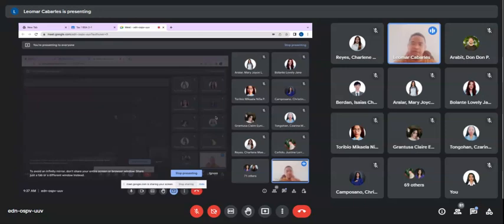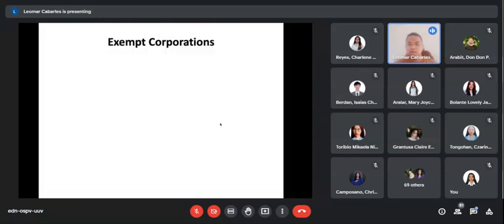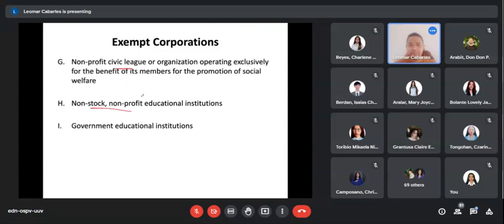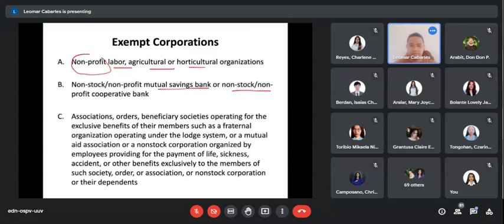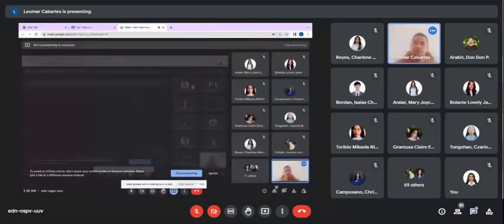Pero another question. Pag nag-qualify ka dito, let's say letter B. Letter B na lang para malinaw. Mutual savings bank ka. So may mga members yan, di ba?